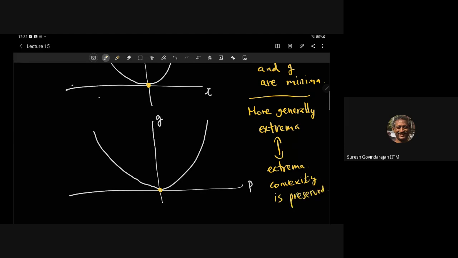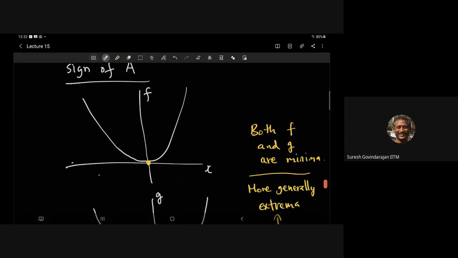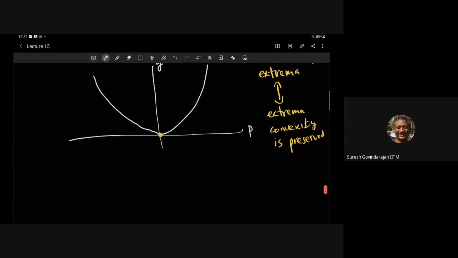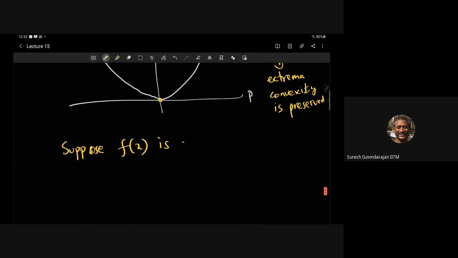Okay, why am I saying this? Let us just ask a few things. Suppose we have a function f of x which is not a x squared, so it is not quadratic in x.